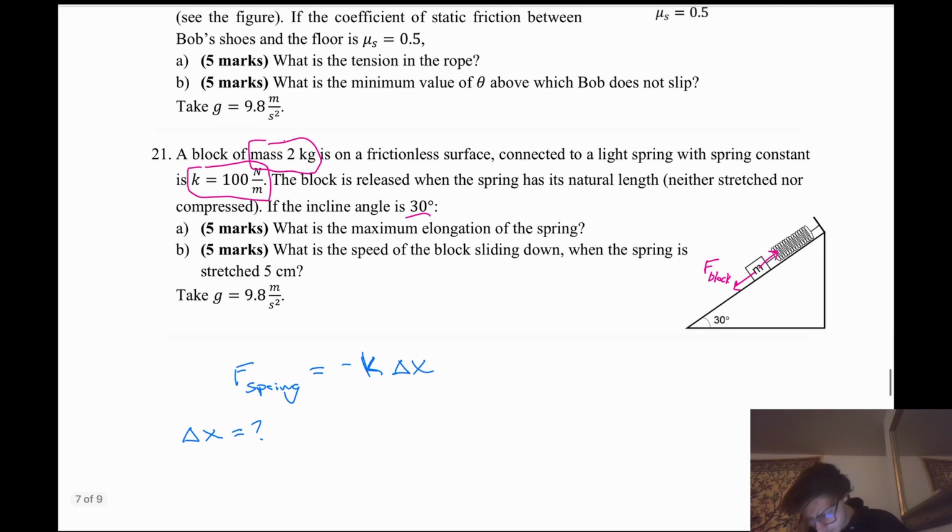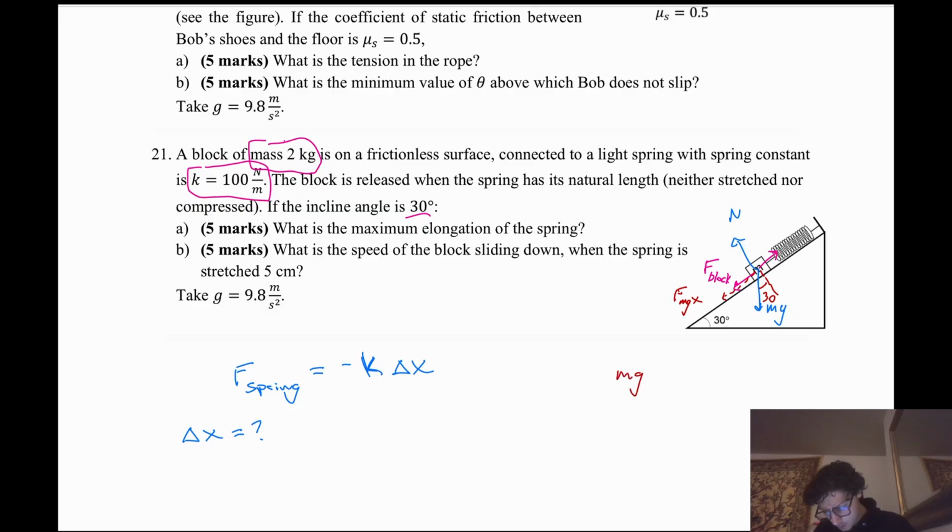Because if we draw a little free body diagram, the block has an mg down here and it has a normal force up here. And there's no friction. I think we're vibing with this. So we can basically break down this mg into its components, and the only component we're interested in is this x component, F mgx. And this angle theta is 30, so it looks like the opposite.